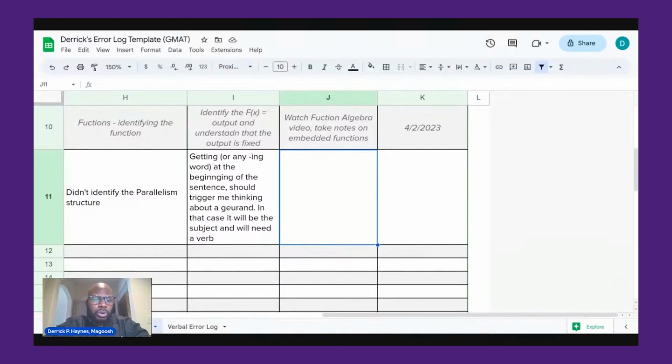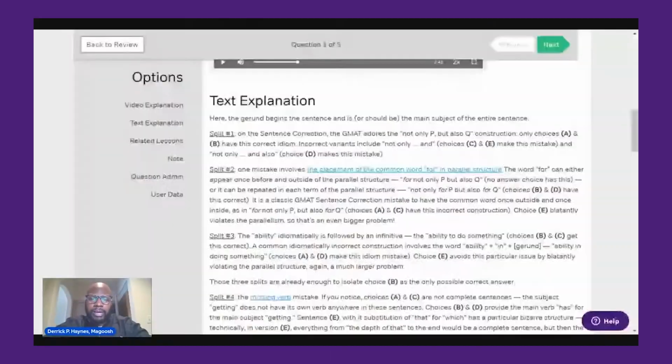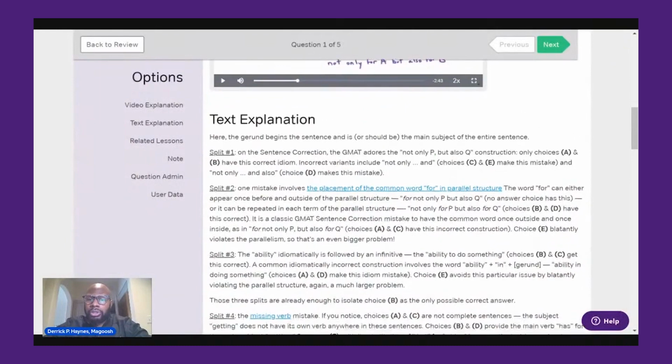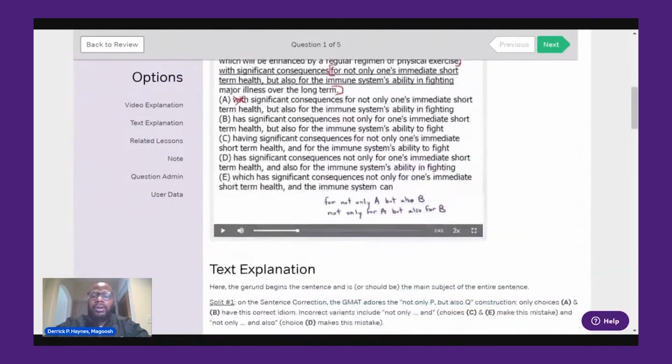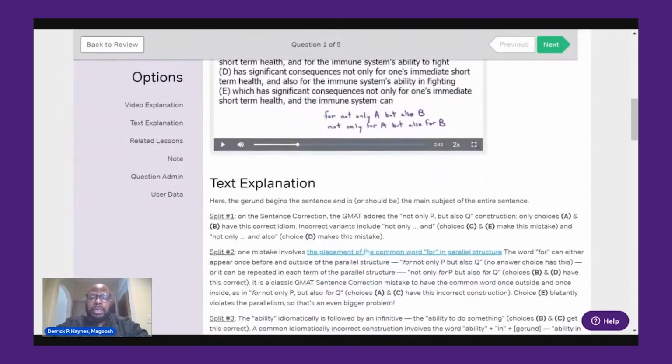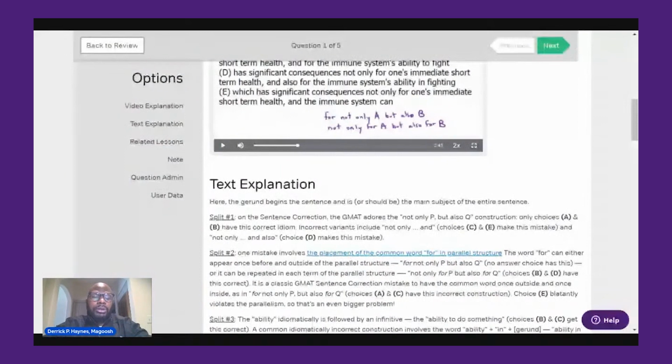What I always suggest is that you take a moment to read the articles that are provided. The article provided here is the placement of the common word for in parallel structures. It's like, okay, I didn't know why this for was there. What was this for doing? And so you'll click that, you'll get to the article, and then you will be able to review the article another time, and take a moment to read that.